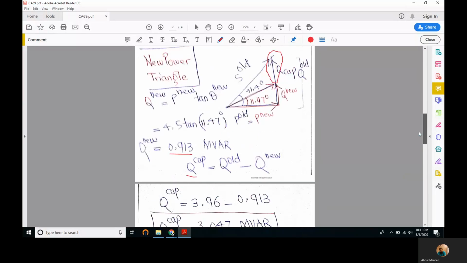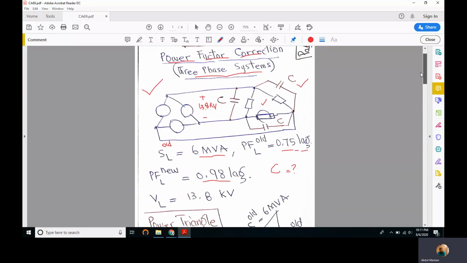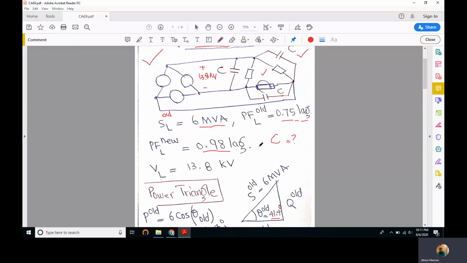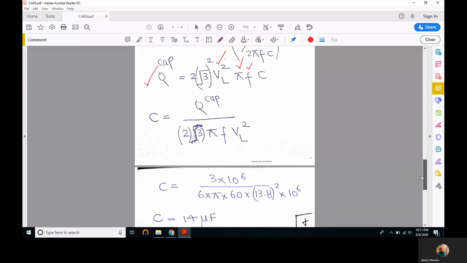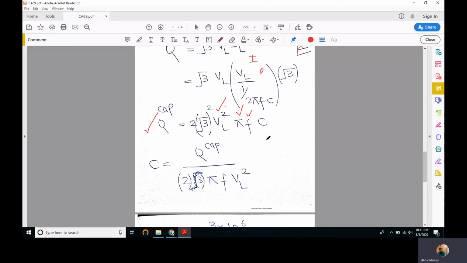F was given to be 60 hertz, I haven't written it here. So we are working in a 60 hertz system. Everything is given except this C, the capacitance.